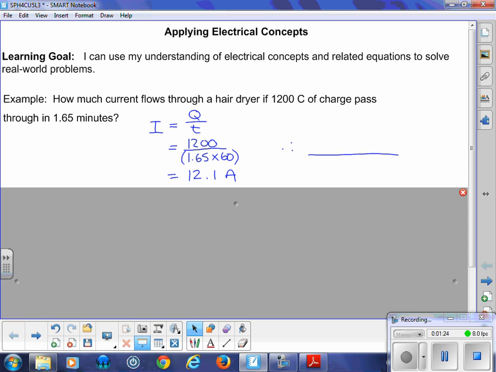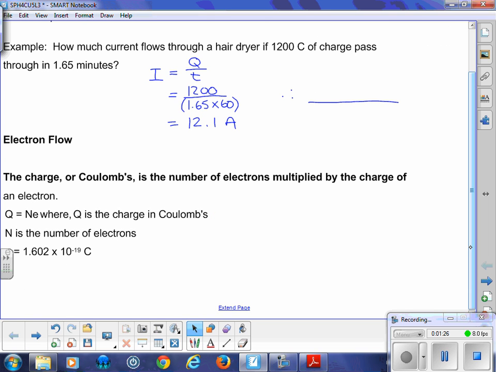All right, so moving down through the notes here, electron flow. The charge, or coulombs, is the number of electrons multiplied by the charge of an electron. So if we want to know what the formula is, mine's garbled in here, hopefully yours printed out a little bit better.